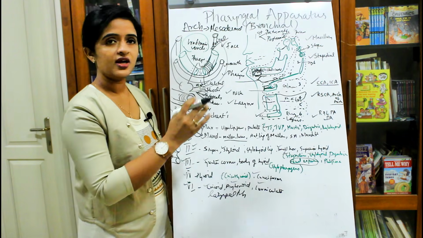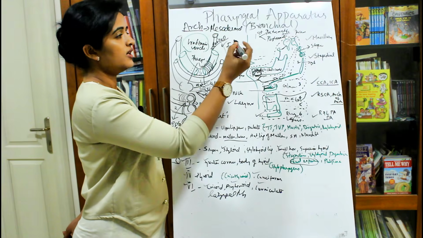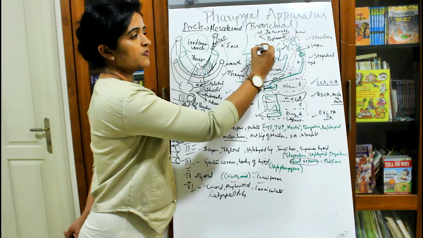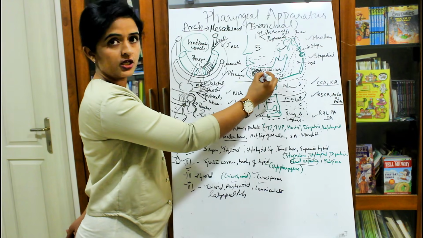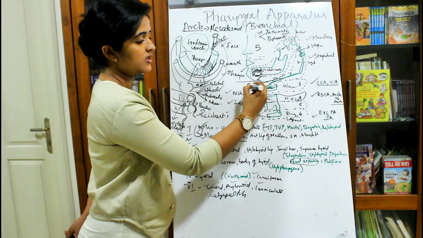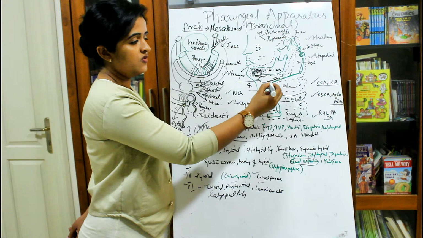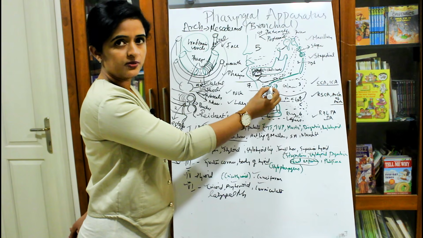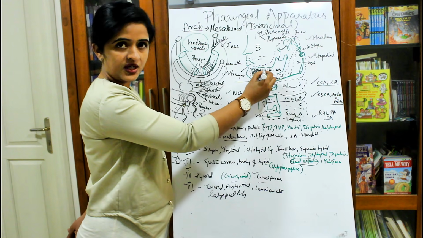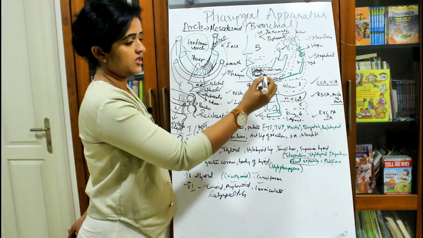So all these cranial nerves, which are the main cranial nerves? You have the fifth nerve, the trigeminal, from which you have the mandibular nerve. Then you have the seventh nerve, the facial nerve, which gives the post-trematic branch to the second arch and the pre-trematic branch to the first arch.